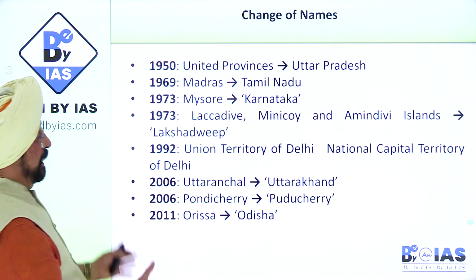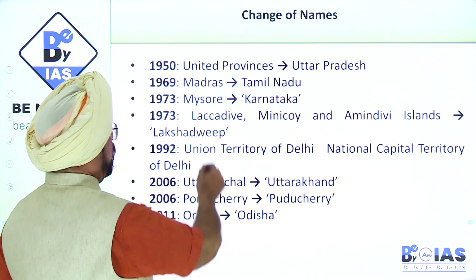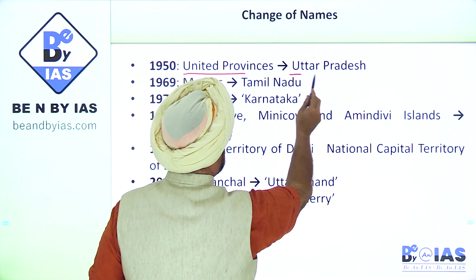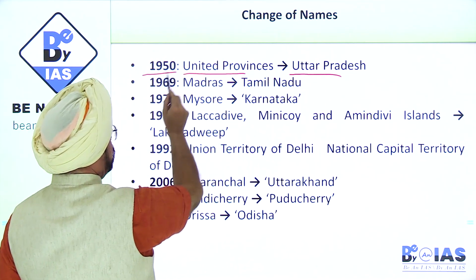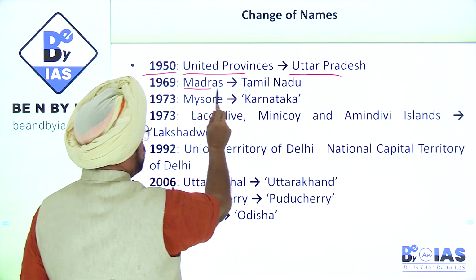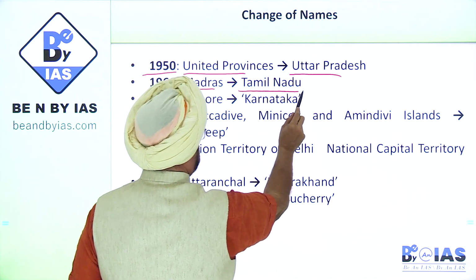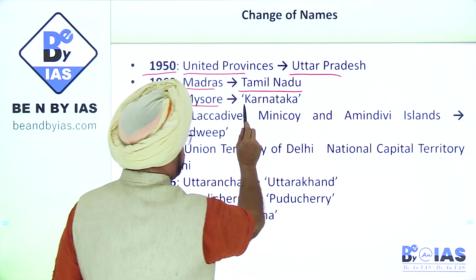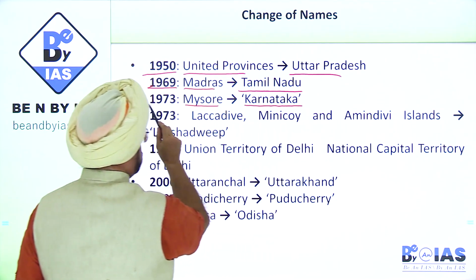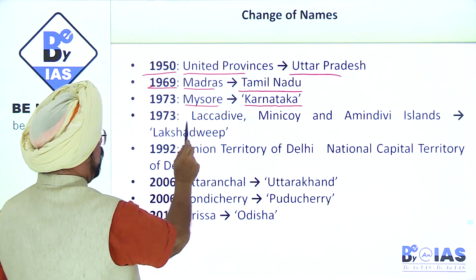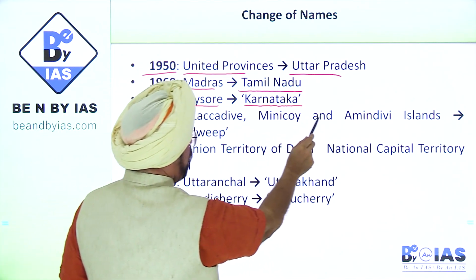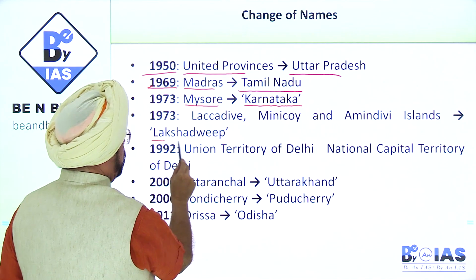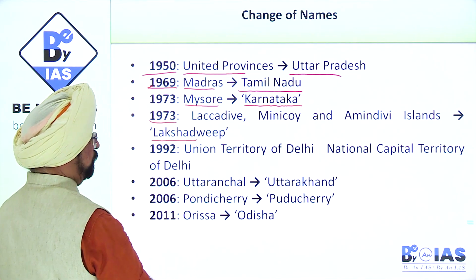If we see the change of names, earlier the United Provinces was named as Uttar Pradesh in 1950. Madras was renamed as Tamil Nadu in 1969. Mysore was named Karnataka in 1973. Lakshadweep, Minicoy and Amini Islands were made Lakshadweep in 1973.